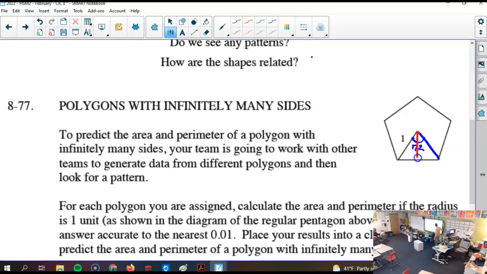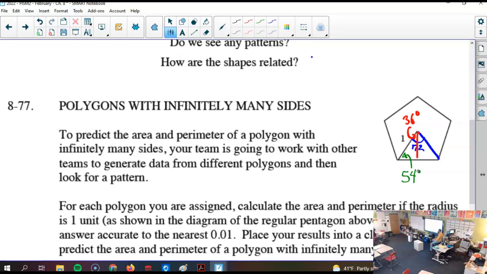So 36 is in there, which means my base angle down here is 54. Yeah, and then you do cosine. Sine or cosine, right? Because we've got the hypotenuse. It's cosine, definitely not 1.